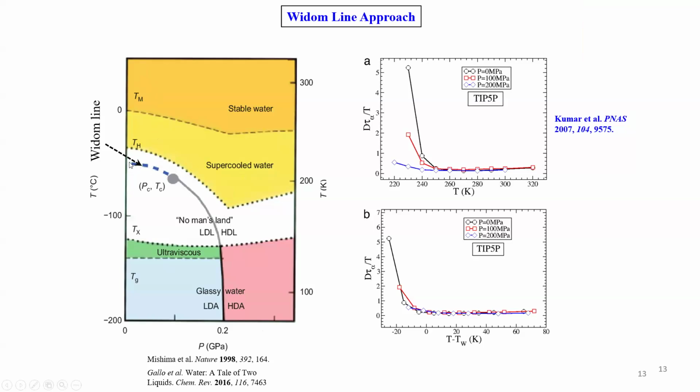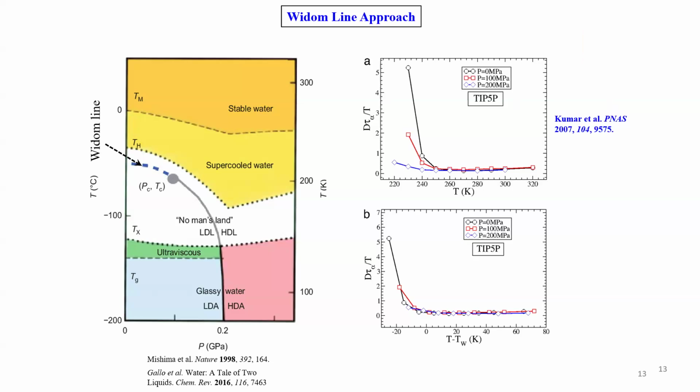For example, if you are at 1 atmosphere or 0 MPa, then the temperature at which you encounter the Widom line will decrease significantly as you go to 200 megapascal, because the line is bent. The Widom line is basically where pressure and temperature both change. This is the one phase coexistence line. That is why you are getting this.